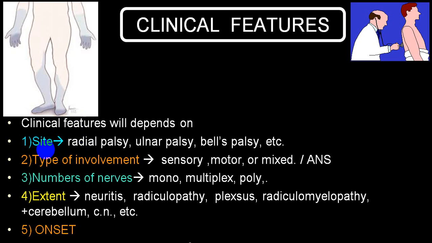Depending upon the area being involved, if peripheral nerve is involved, peripheral neuropathy or peripheral neuritis, and if there is a radical which is being in your posterior spinal nerve root, we call radiculopathy, or anterior spinal nerve root getting involved.